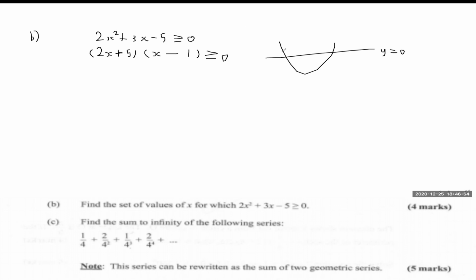And so if these are the roots, right here and right here, then the part of the solution we want is when y is above the x-axis. So these are the actual solutions that we want. So this would be x equal 1, this would be x equal minus 5 over 2. Nice and easy.